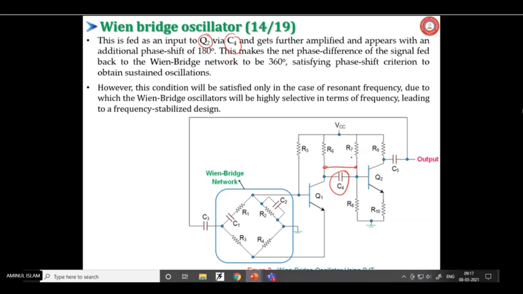DC couple, direct couple. If you connect it directly, then DC current will also pass, and that may cause an amplitude swing. See, if you see this, what is this for?